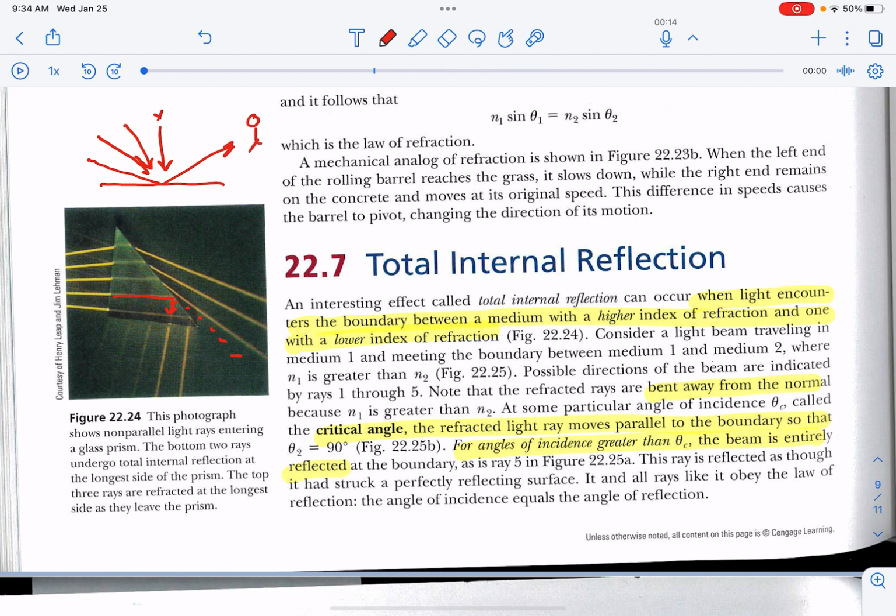Let's put another person. You're going to see something there and not something on the other side of the glass. That is called the critical angle.